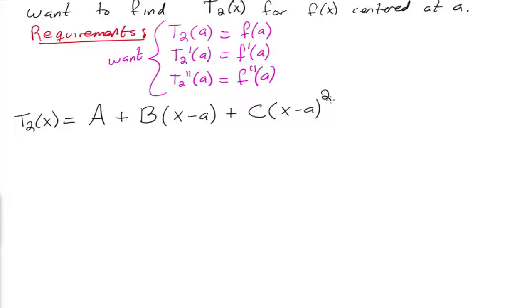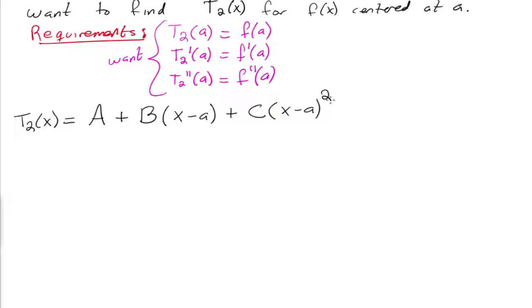Just to clarify, T2 of A is the tangent line or the tangent function at point A, or how are they related again? Well, T2 is the second degree Taylor polynomial, which we don't know what it is yet. Okay, what is it in relationship to the function? T is also a function.